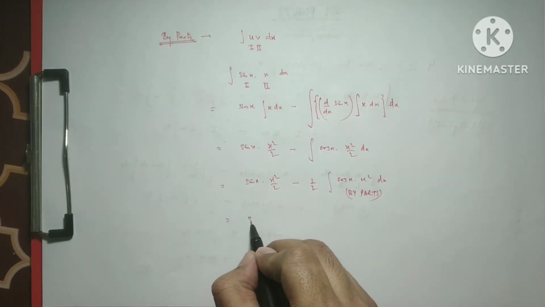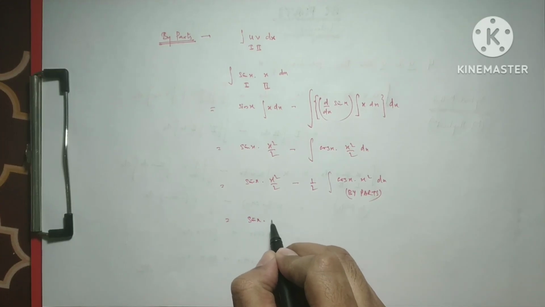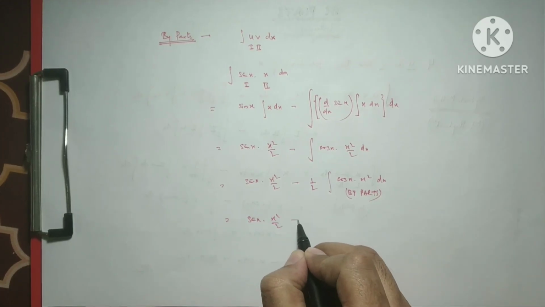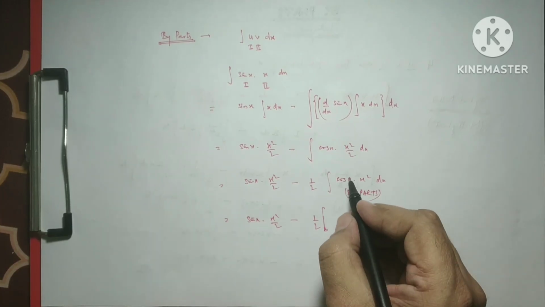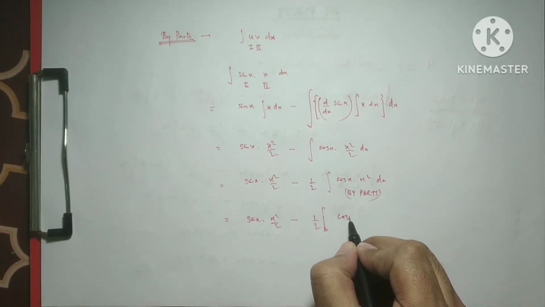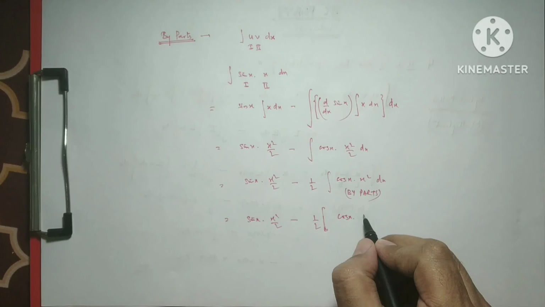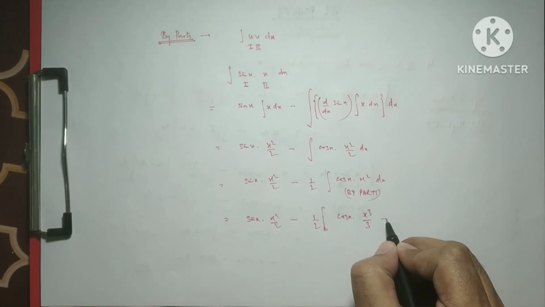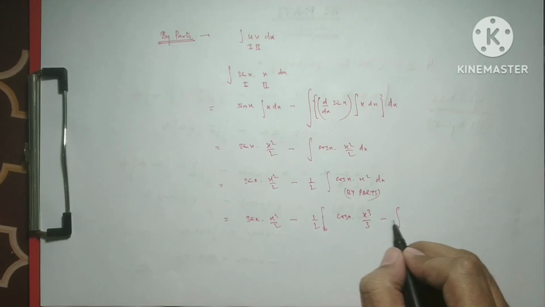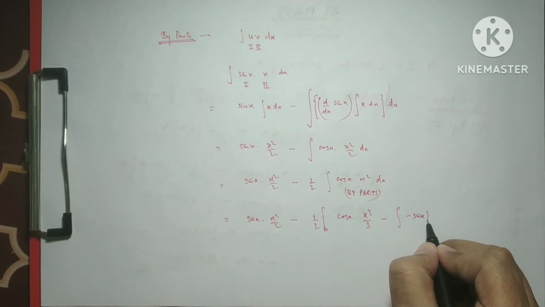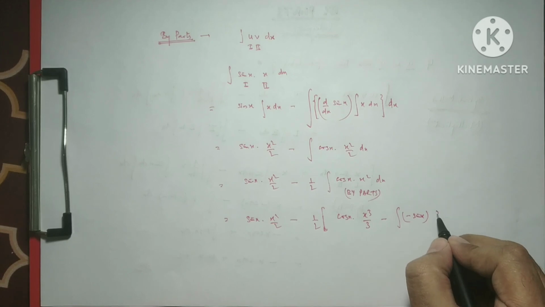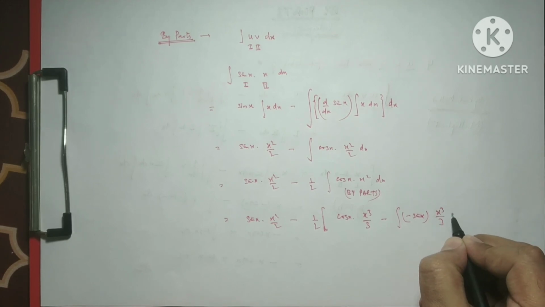So it will be sin x into x square by 2 minus half, the first function cos x, and the integration of x square is x cube by 3, minus the differentiation of cos x, which is minus sin x, and the integration of x square is x cube by 3.